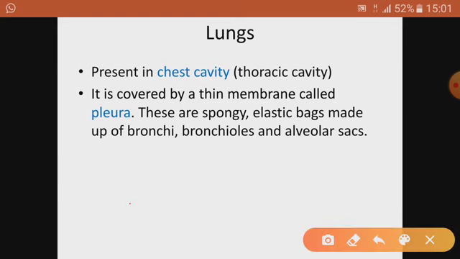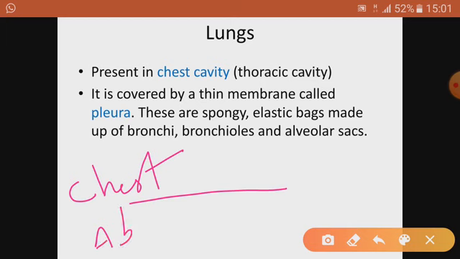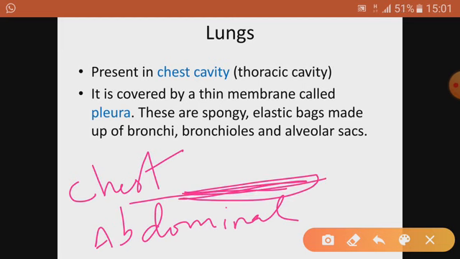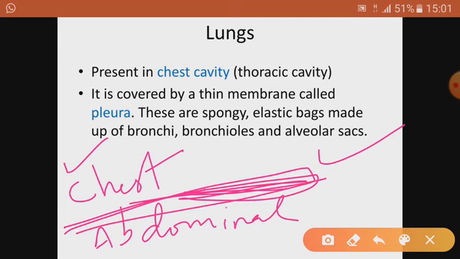For example, this is the chest cavity, below you have the abdominal cavity, and in between you have the diaphragm. Your lungs, or respiratory system, are present in the thoracic cavity, and as a partition between the chest cavity and abdominal cavity, you have the diaphragm.